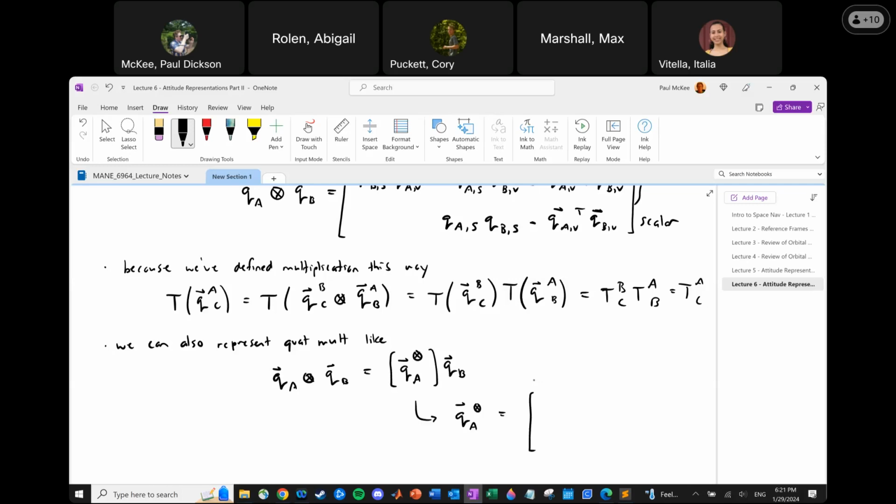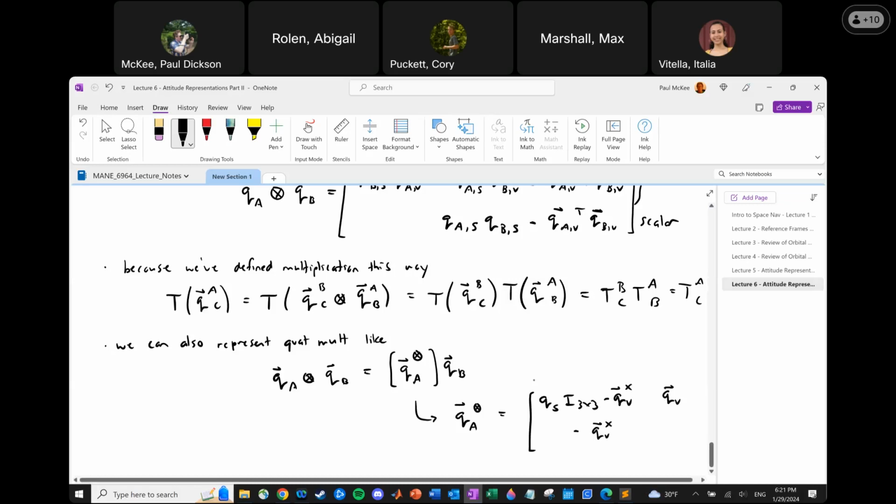And so this is where we got to be careful here. Q scalar I 3 by 3 minus Q vector cross, Q vector, negative Q vector cross. Oh, I'm sorry, not cross. Yeah, I'm trying to undo that. Erase, please. That should be transpose.